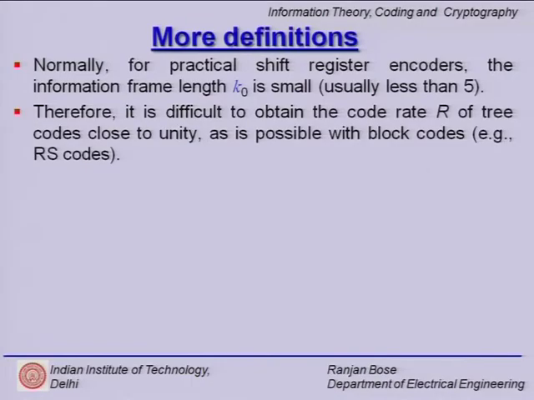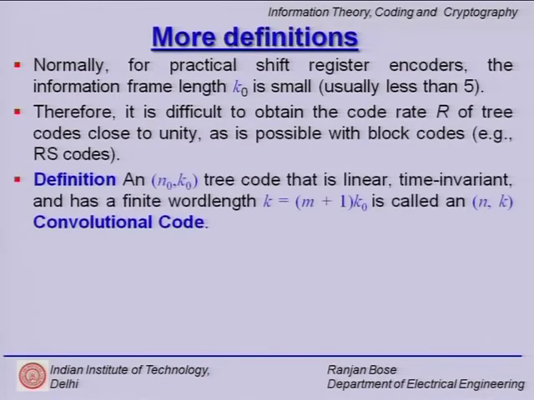So, the code rate of these tree codes is not really close to unity, because if k naught is, for example, 5, then n naught can be 6, leading us to the best possible code rate of 5 over 6. We could have 5 over 7, 5 over 8, but then we are making it worse and worse.